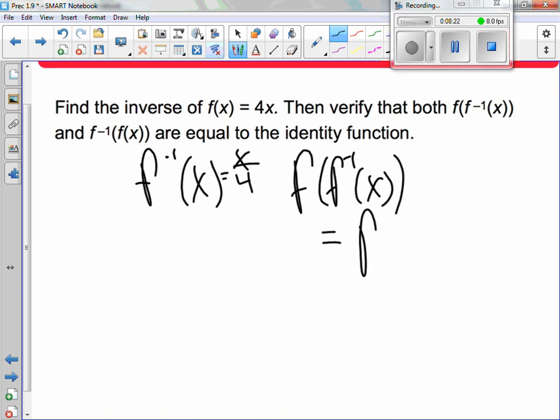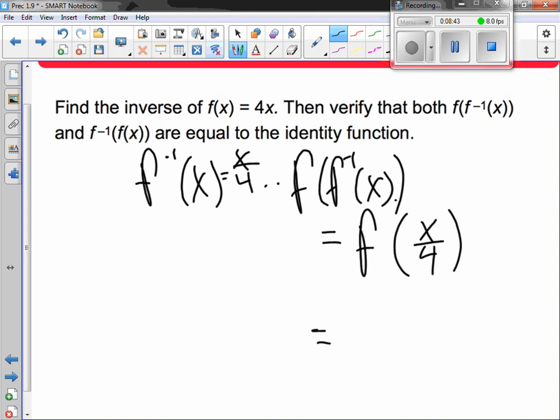f inverse of x is what? x over 4, yes? So we're replacing it right there. Essentially what we did is we plugged x into this here. Well, that's just x over 4. Doesn't really change anything. Now f of x is what? 4x, yes? Do I have x anymore? Do I have x over 4, yes?